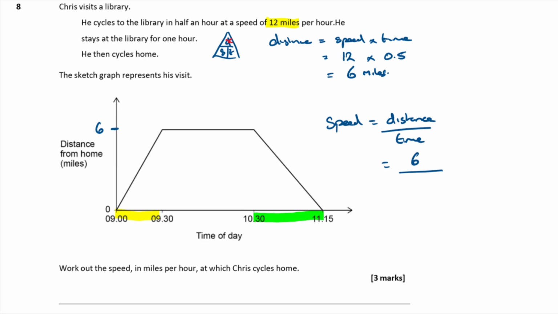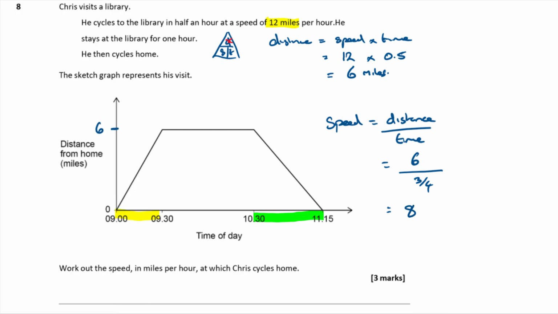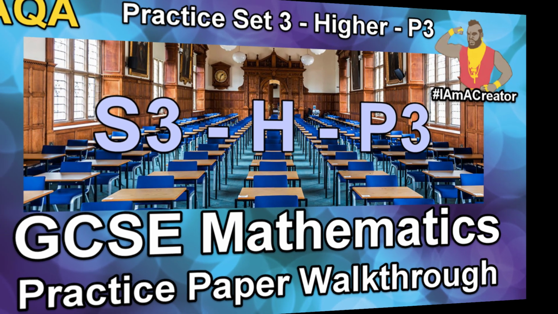So 6 divided by 3/4 or 0.75. Either way, you can just type that into your calculator and come up with the answer. 6 divided by 3/4 or 0.75 comes out to be 8. So 8 what? The distance was in miles and the time was in hours. So that's 8 miles per hour.